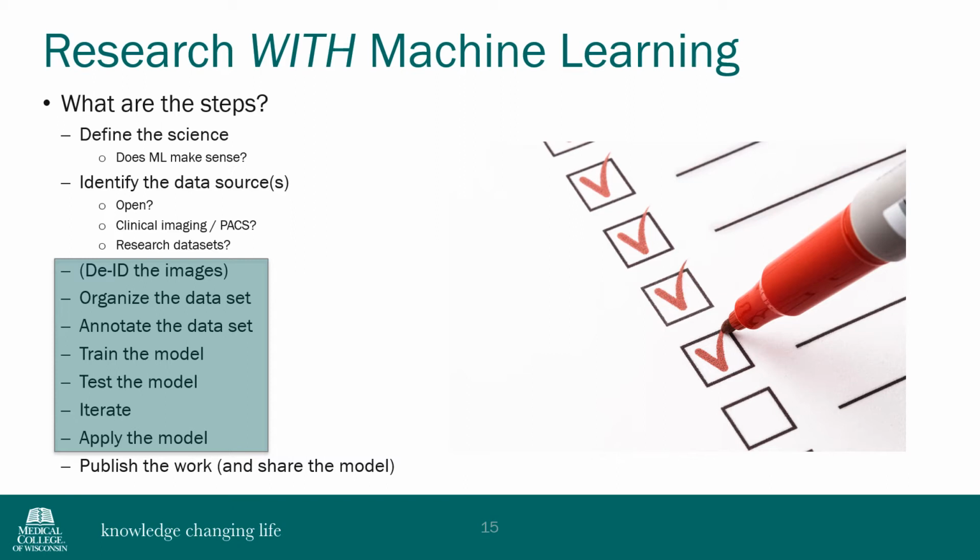So we've put in place, and we're going to talk about, infrastructure for de-identification of images, the organization of the data sets, the annotation of the data sets, working to train those models, test those models, perform the iteration, and move into production.